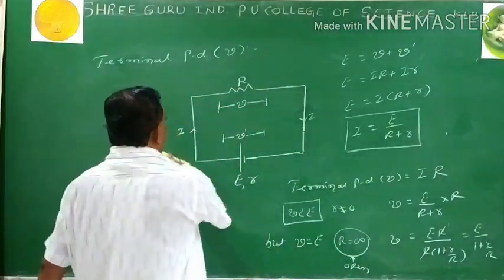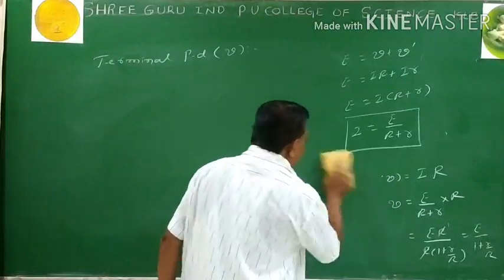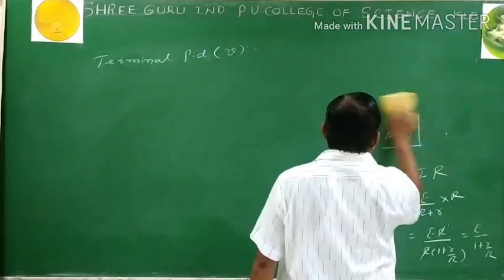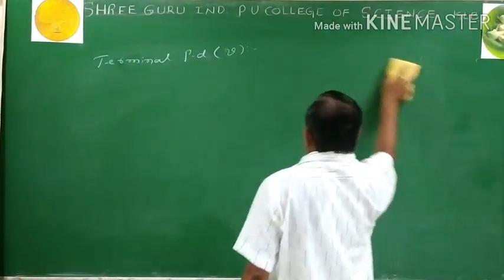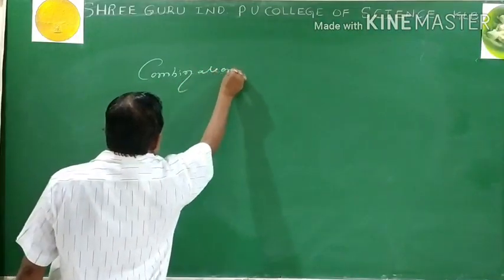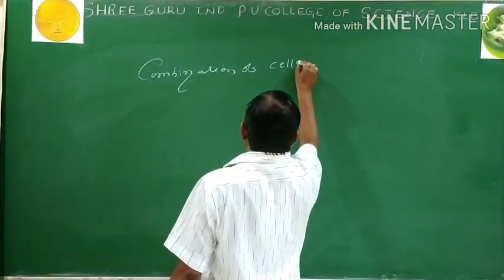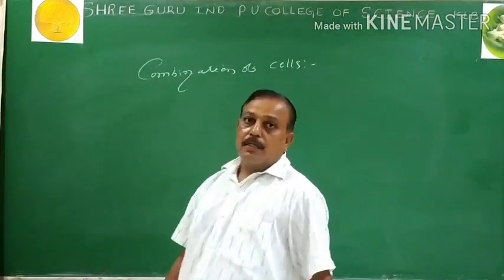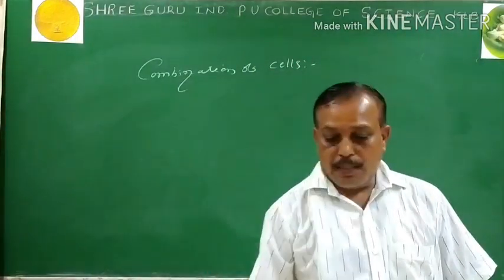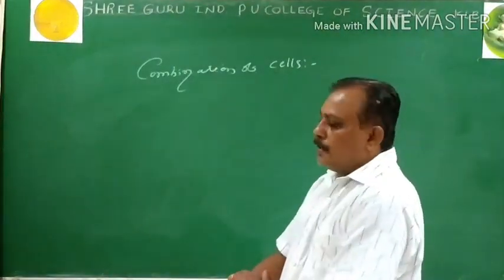So I come to the next important topic, that is two important derivations, the combination of cells. That cell is not the biology cell, this is the source of current cell. Now the cell belongs to what?